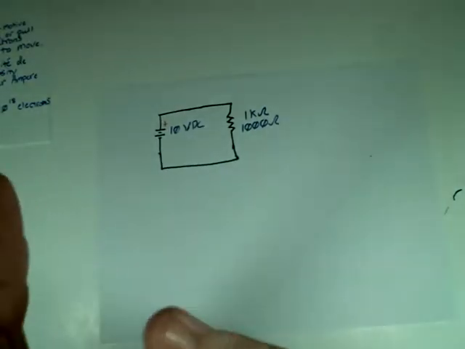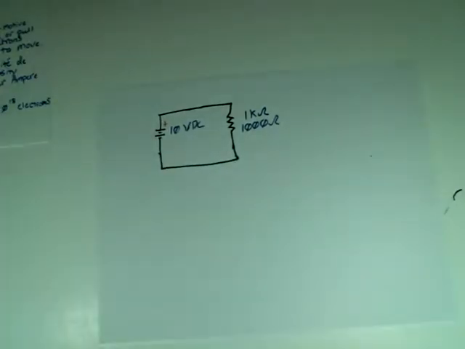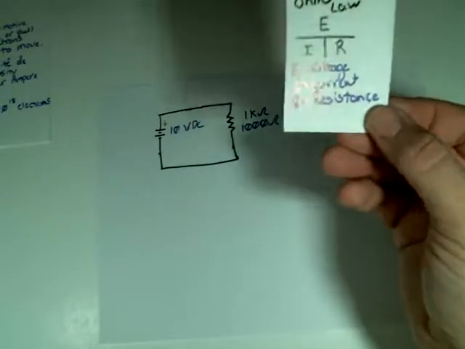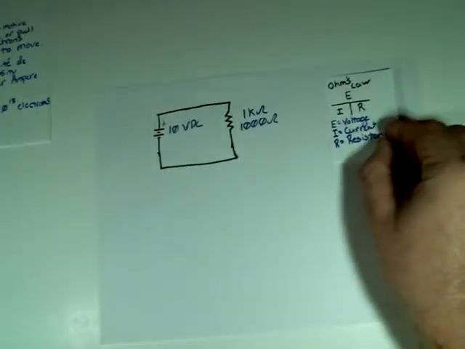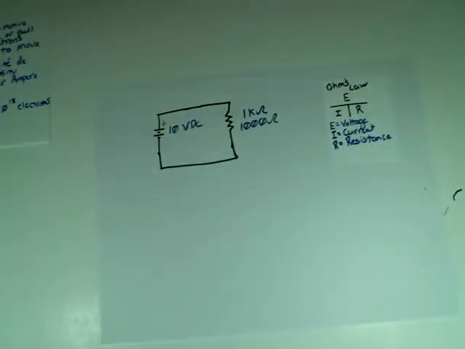So let's do some quick analysis on a very simple series circuit. I'm going to pull out my little Ohm's Law card and we're going to go over how Ohm's Law is applied to a circuit like this. Ohm's Law is very simple.